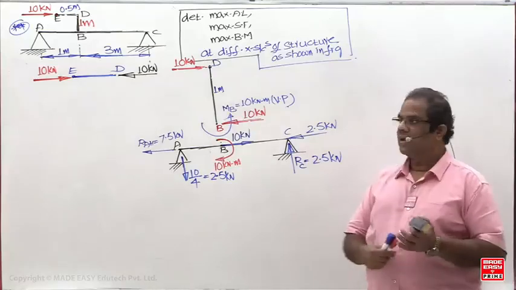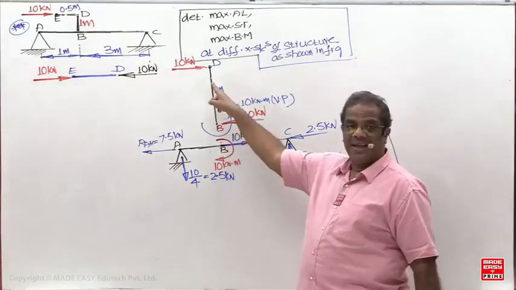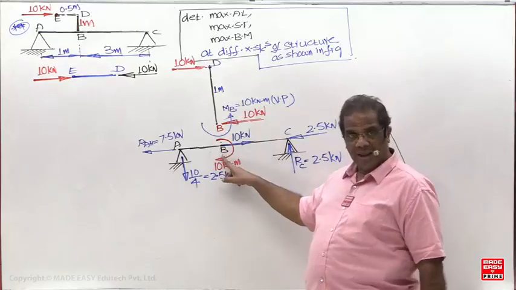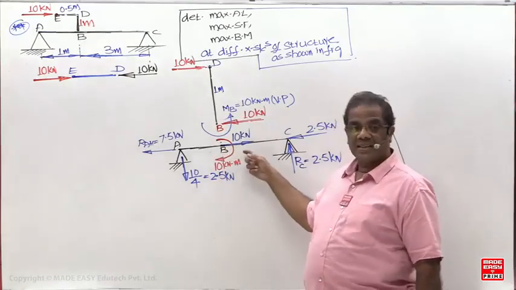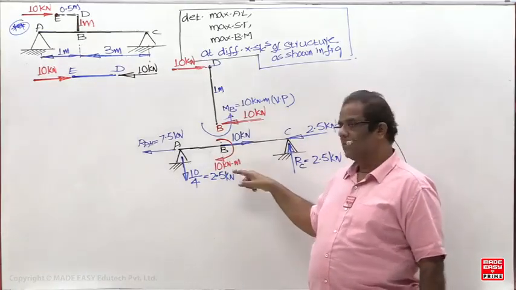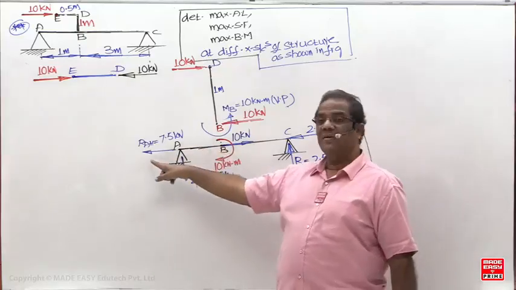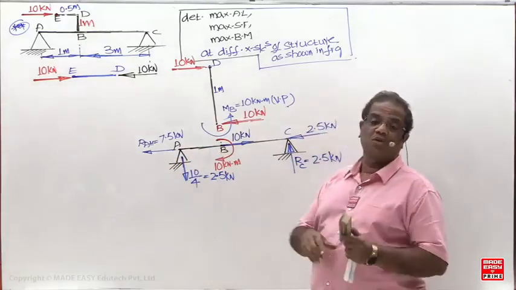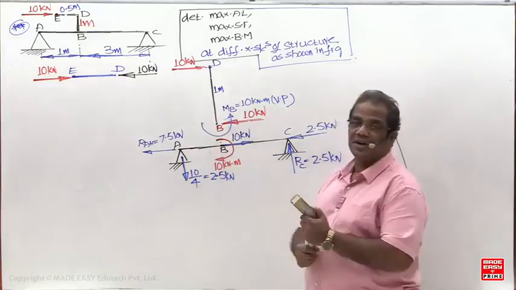When B belongs to BD, there is no axial load here. But when B belongs to AB, what is the axial load? 7.5. When B belongs to BC, what is the axial load? 2.5.